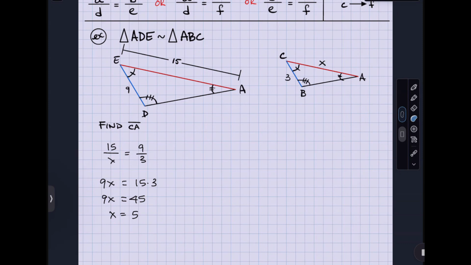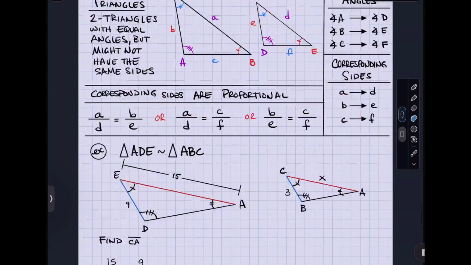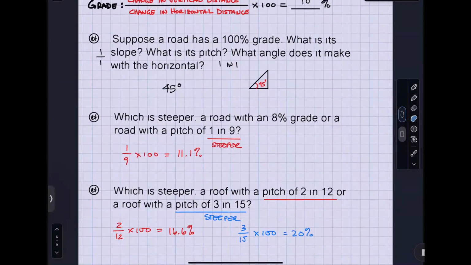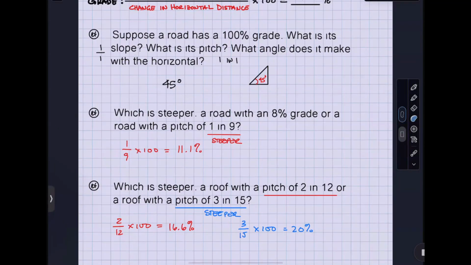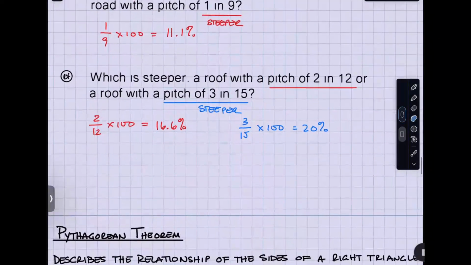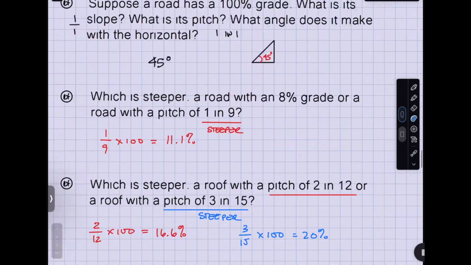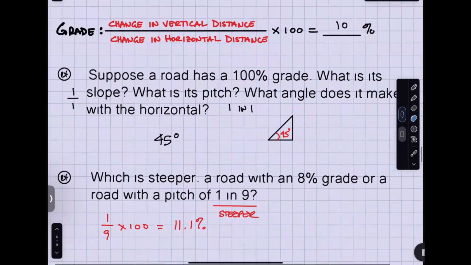Back to the pitch, slope, and grade one, the first question. How did you get the 45 degrees, what angle does it make with horizontal?